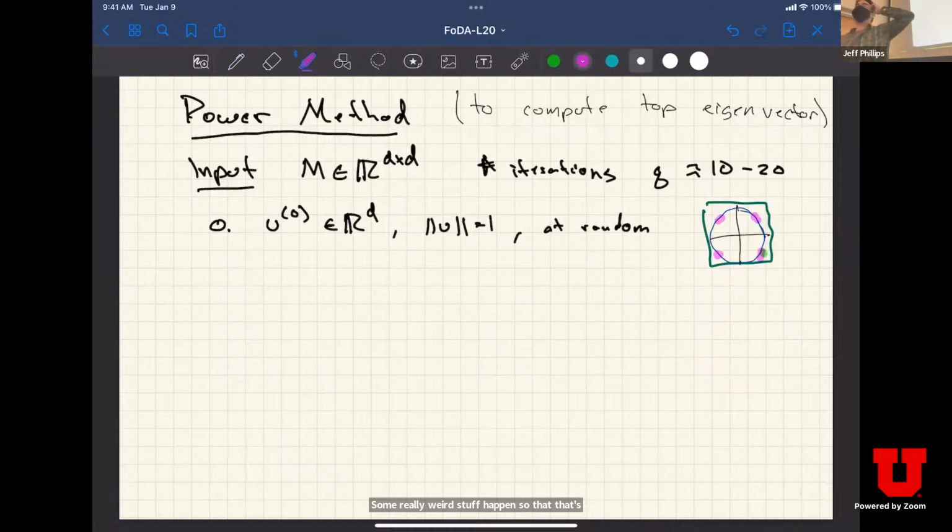It turns out you can pick D random values from a normal distribution and then normalize the vector of those, and that works. Okay, so that's what you're supposed to do here. I won't go into the details of how you generate from a normal distribution.